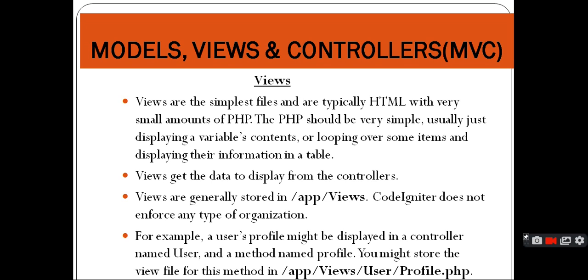That means views get the data from the controller itself, and generally views are stored in the app/views directory. CodeIgniter does not enforce any special rules in this views folder. That means the view's purpose is only to give a good presentation. In a later session we will see the code part so that you can understand the main purpose of a view and how it plays a crucial role.